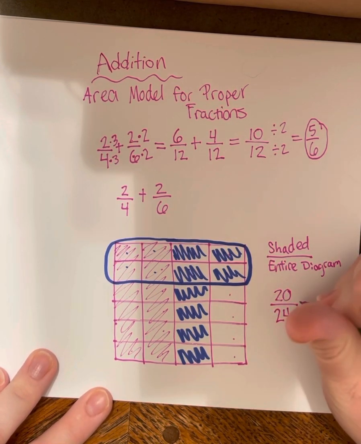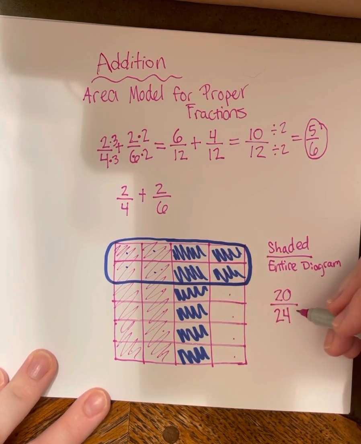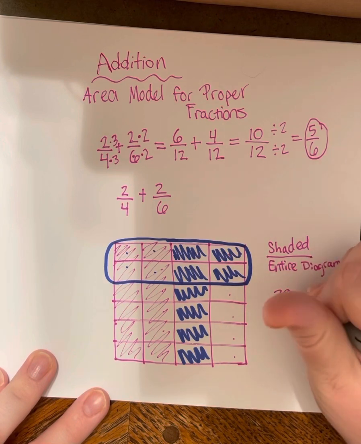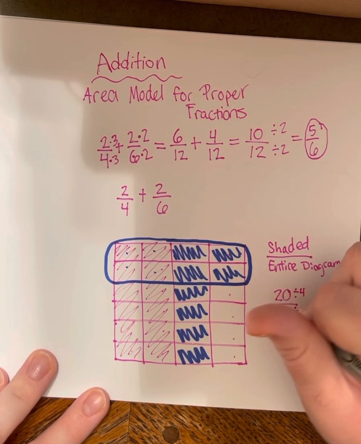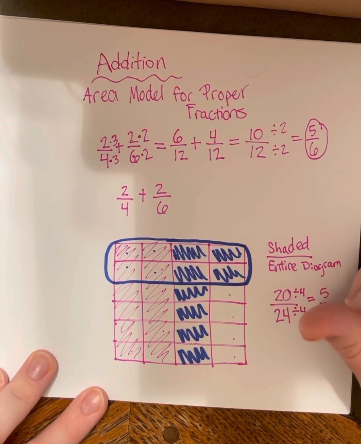However, we are not done because we can in fact simplify that. Right off the top of my head, 4 comes to mind because 4 will go into both 20 and 24. So let's divide both because we have to do the same to both the numerator and the denominator. And 20 divided by 4 is 5 over 24 divided by 4, which is 6.